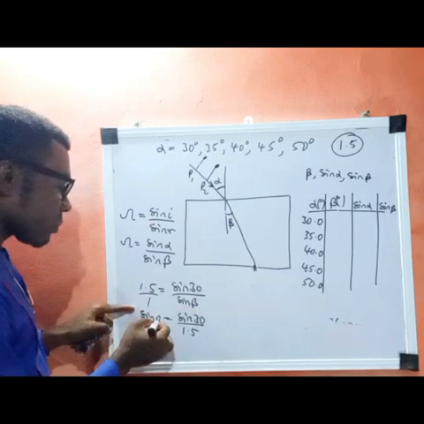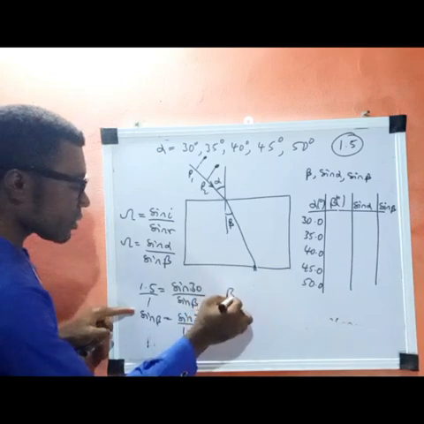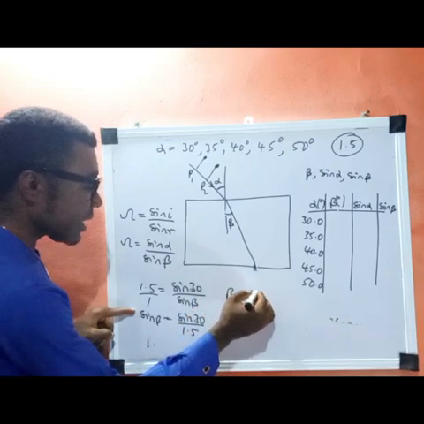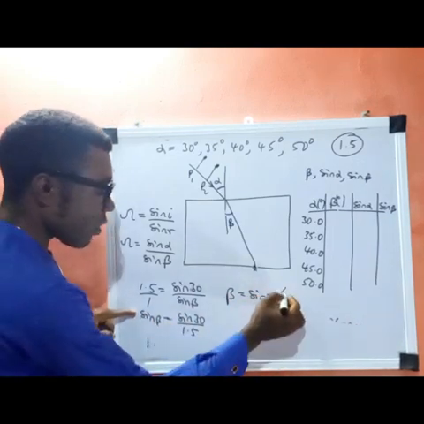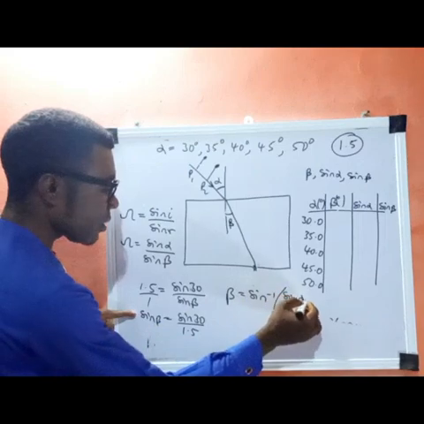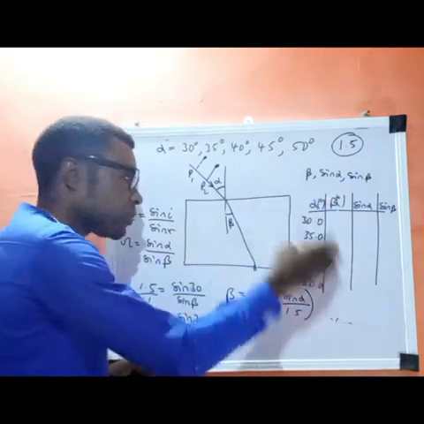Because I'm looking for beta, if I make beta the subject of the formula, I'll have sine inverse of sine alpha over 1.5.